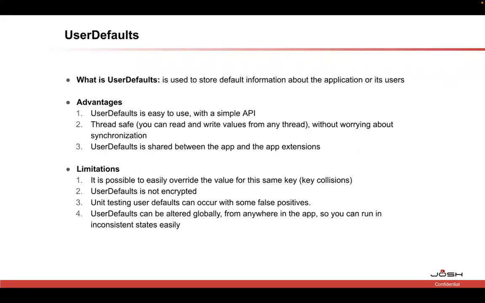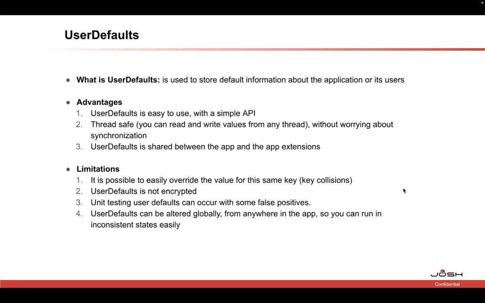The second disadvantage is it's not encrypted. Just what I have told, the username is not encrypted, so anyone can easily retrieve the username from UserDefaults. So for security reasons, UserDefaults is not so secure, so we cannot use it frequently.